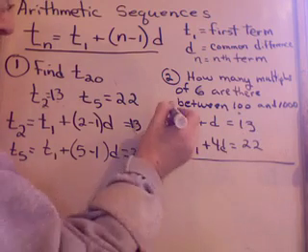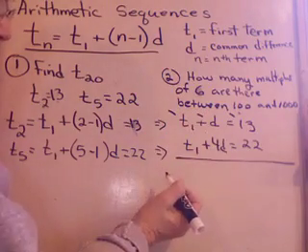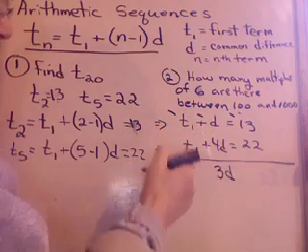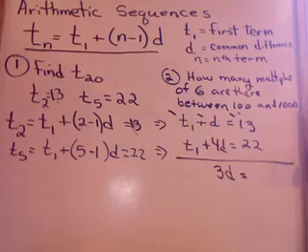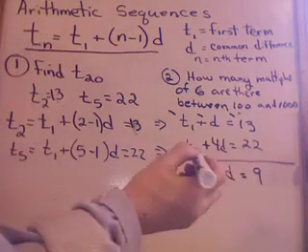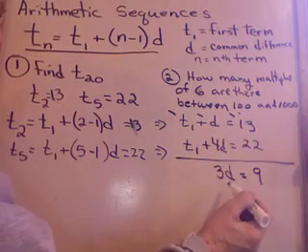But if I were to subtract the top one from the bottom one, do you see what nice stuff happens? 3d, the t1s cancel out. And what's 22 take away 13? I think that's 9. Solve for d.